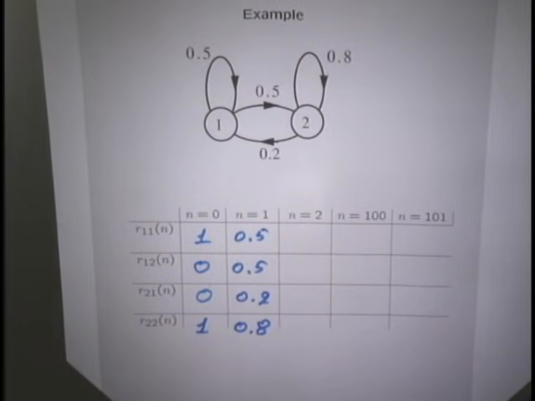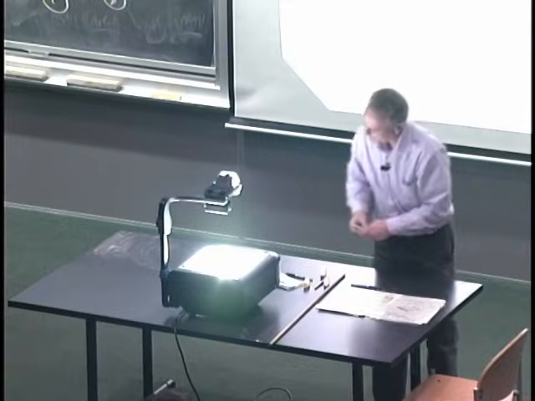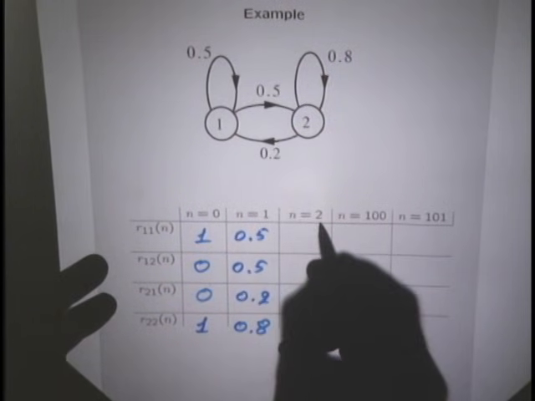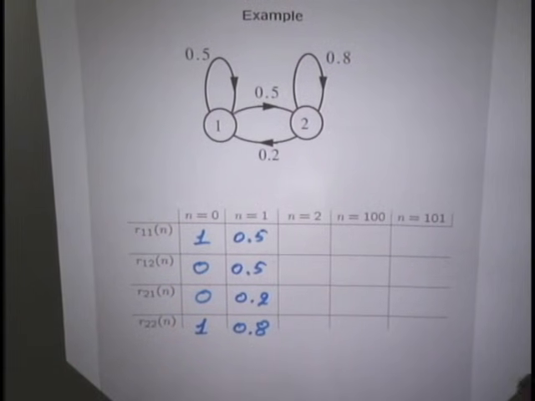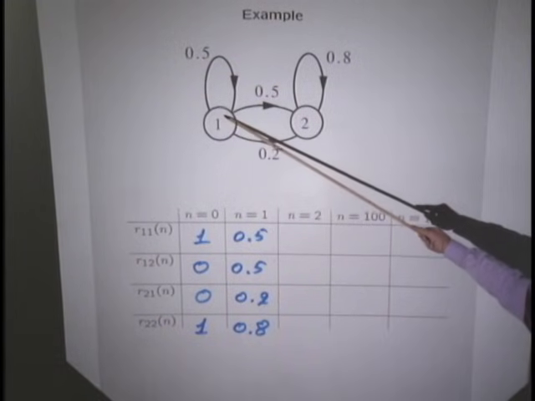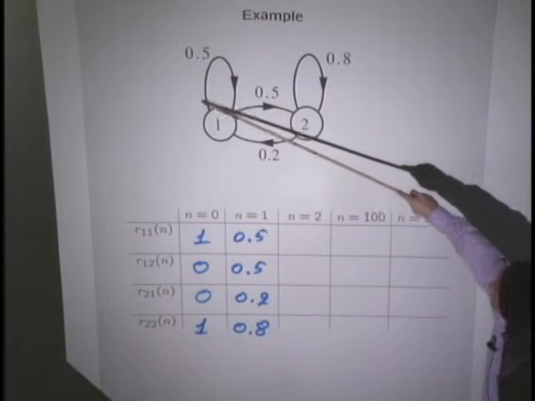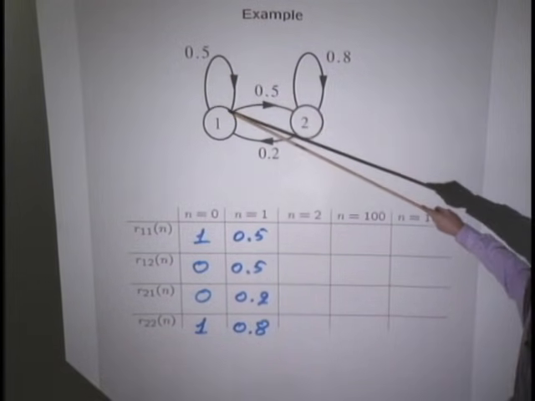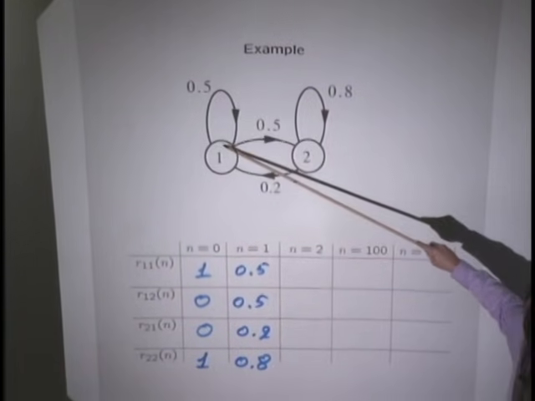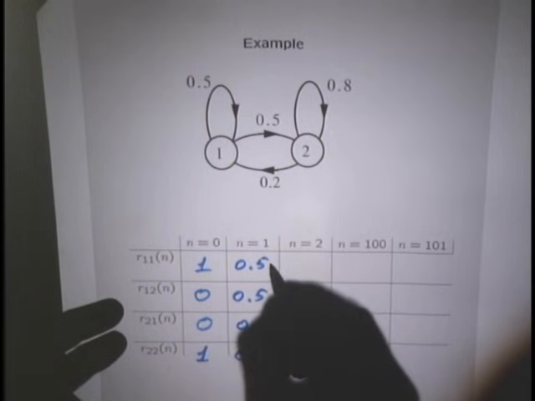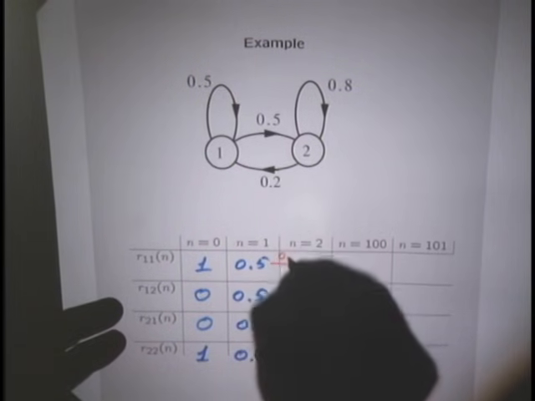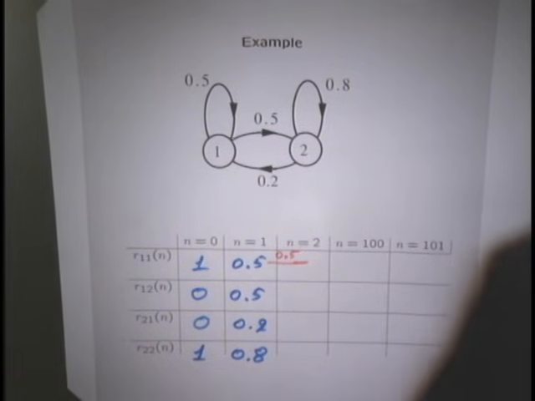Okay, so the calculation now becomes more interesting if we want to calculate the next term. How likely is it that at time 2, I find myself at state 1? In order to be here at state 1, this can happen in two ways. Either the first transition left me there, and the second transition is the same. So this corresponds to this 0.5 that the first transition took me there, and the next transition was also of the same kind. That's one possibility. But there's another scenario.